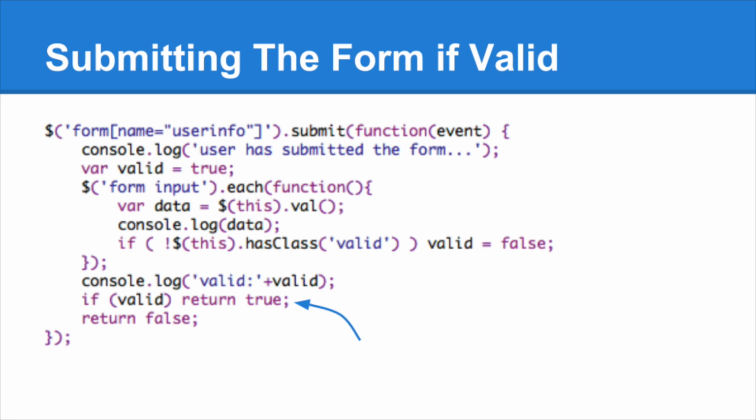So I could simply say, after the console log, return valid. So if valid is false, it returns false. If valid is true, it returns true, doesn't it? But I like this better because you can kind of see what's going on, can't you? It's clearer of what's taking place. But certainly if you don't want to do so much typing, there's a much easier way of handling the return value. We're declaring the Boolean variable, we need the Boolean return. We might as well use the same value.